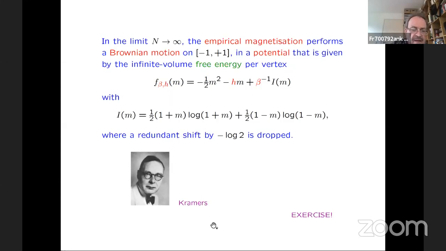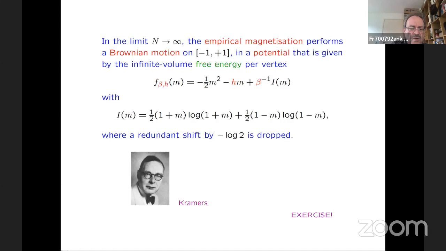And this is exactly the setting that Kramers in the 40s analyzed when he started to become interested in metastable behavior. And so he looked at Brownian motion in a double well potential and did computations.